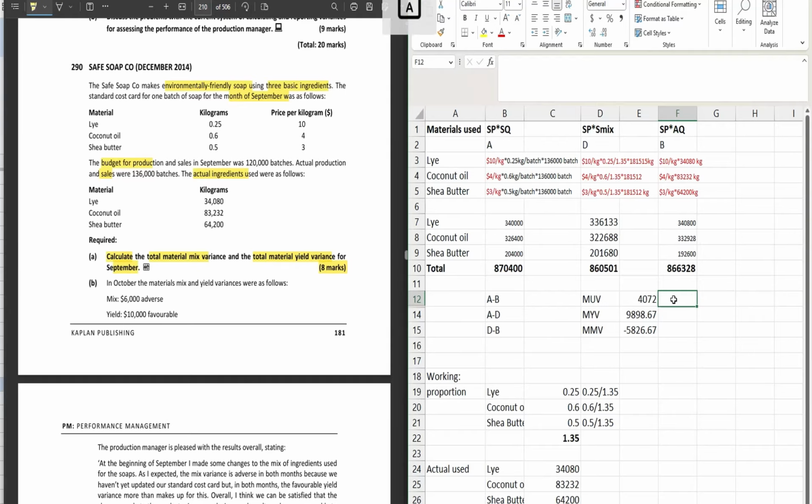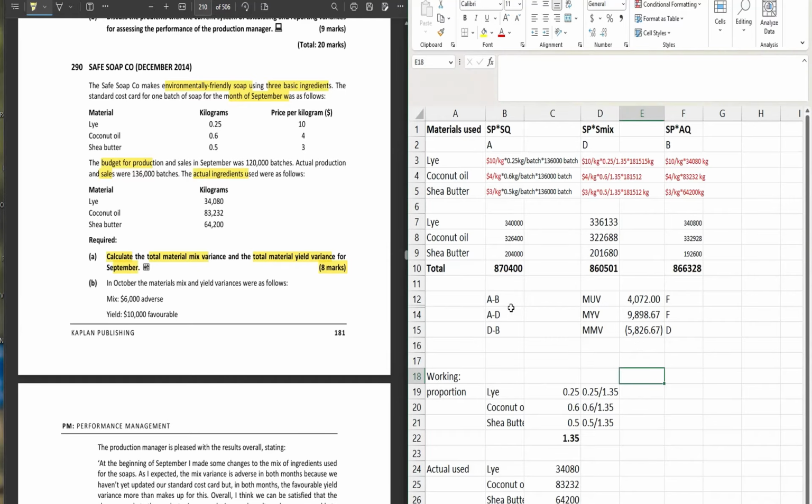Now this is your favorable, adverse, and to look professional you can have a comma here as well. Okay. The question has only asked these two. So we are done with 8 marks.